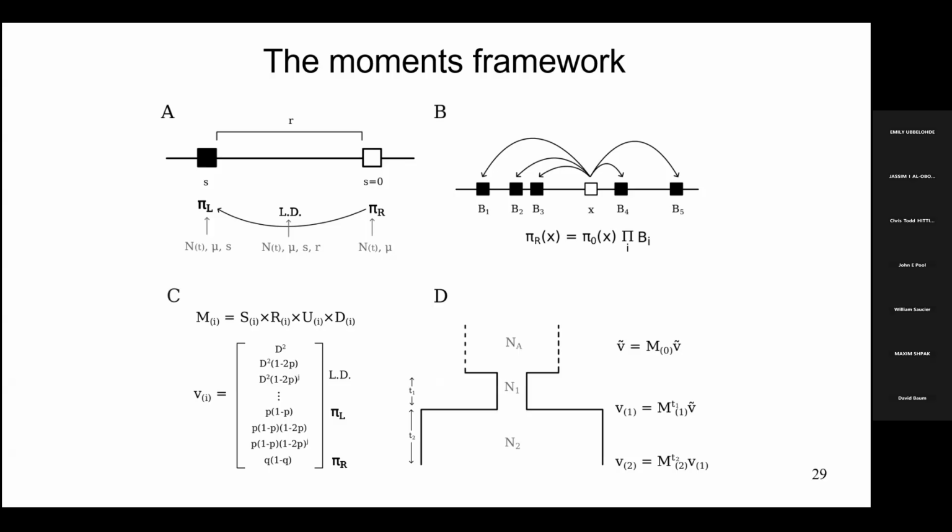We have some matrix U that represents how mutation affects these two-locus statistics, a matrix R that represents how recombination affects them, and finally the selection matrix that we derived here. When we multiply this together, we end up with a transition matrix M that represents all the relevant evolutionary processes that are affecting our two-locus statistics.